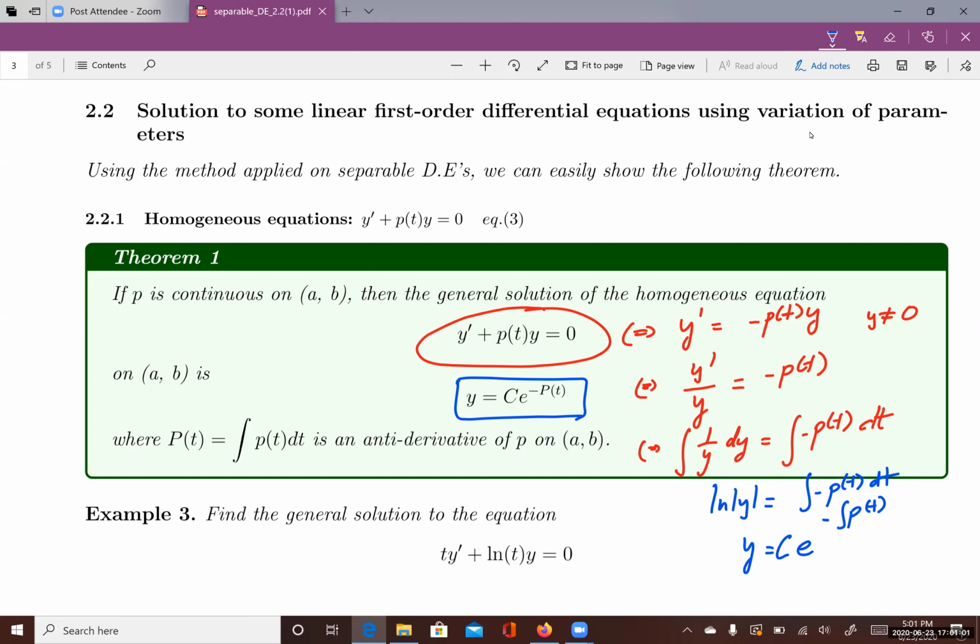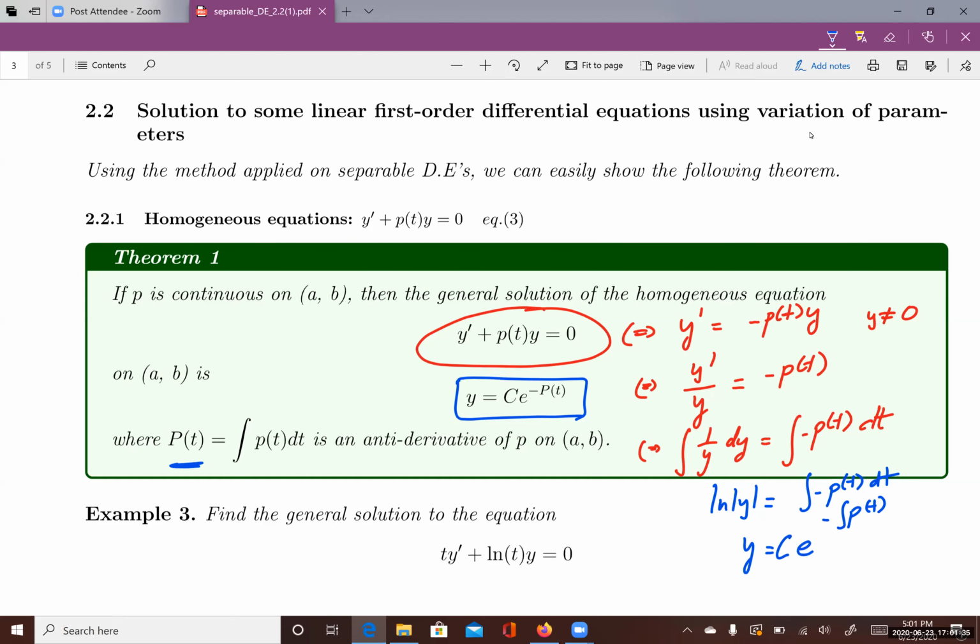Okay, this is how you find the solutions for this homogeneous equation. And then you can easily show, using separable equation, that the solution for this first order linear differential equation, homogeneous equation, is in this form, where big P of t here is the antiderivative of small p of t that we found in this differential equation.